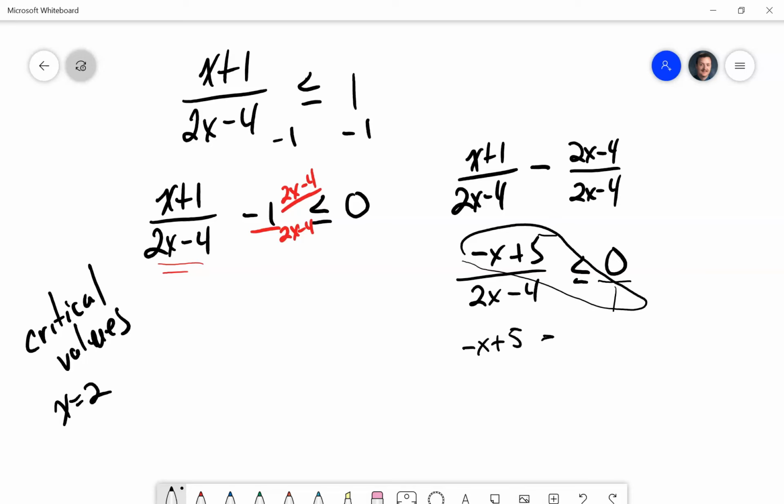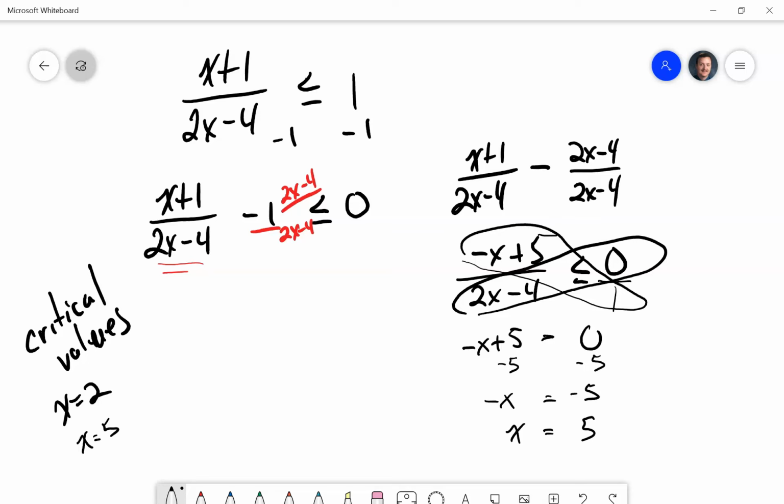And then if I do the other way, 0 times that is simply going to be 0. So it's just a matter of solving this. And if I do that, subtract 5 from both sides, then I would have negative x is equal to negative 5, or positive x is equal to positive 5. So there is my other critical value.